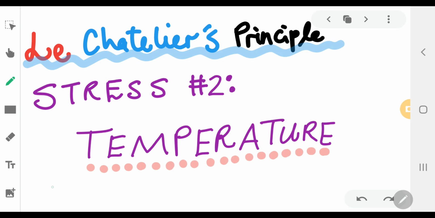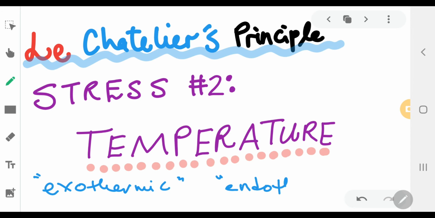To understand the effect of temperature, we have to consider two situations. We need to know what is meant by exothermic, and the other one, endothermic. We have to consider whether your forward reaction will be exothermic or endothermic.